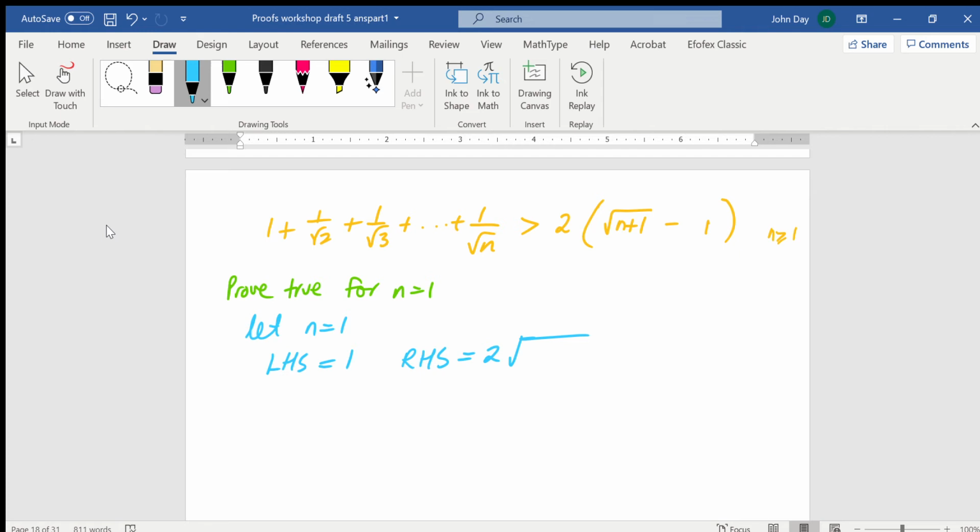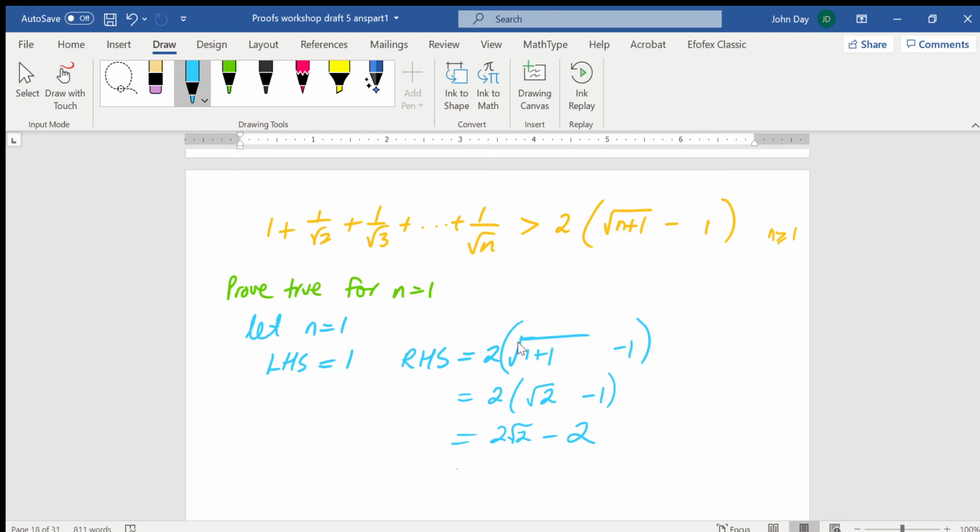When n is 1, the left-hand side is just 1, but the right-hand side is 2 root of 1 plus 1 minus 1. So it's 2 root of 2 minus 1. So it's 2 root 2 minus 2. Now, we know root 2 is about 1.4-ish, right?